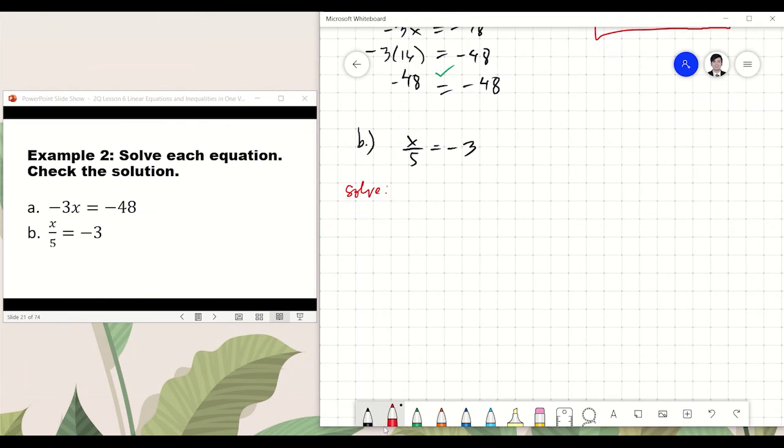So first, sa nakikita ninyo, walang addition or subtraction dito sa ating x over 5. But it's only division. Ibig sabihin nito, they belong in one term. So, i-identify nyo yung kung ano yung coefficient ng ating variable x. Ano yung coefficient? It is 1/5.